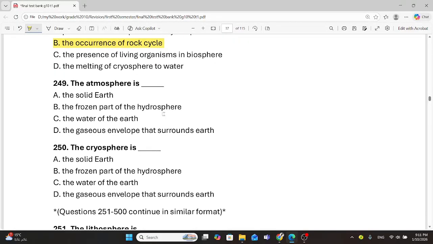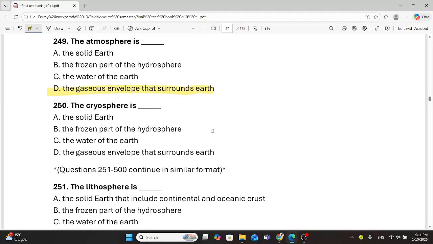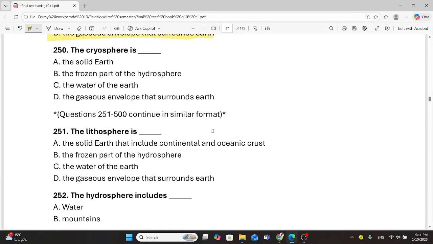The atmosphere is the solid earth, or the frozen part of the hydrosphere, or the water of the earth, or the gaseous envelope that surrounds the earth? Of course, the gaseous envelope.